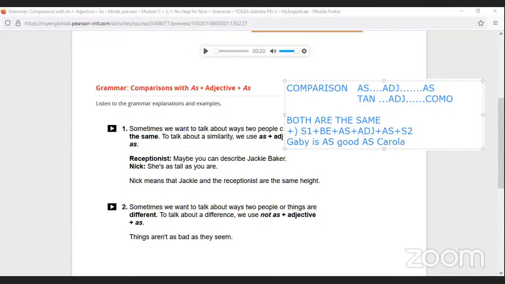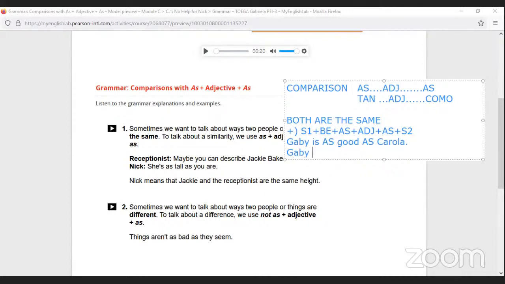Gabby is as good as, for example, Carola. Okay, as you can see here, the adjective we are using is only one syllable, but I'm not using the er or the irregular form better. Only the base form of the adjective. It happens the same when we use two syllables or more.